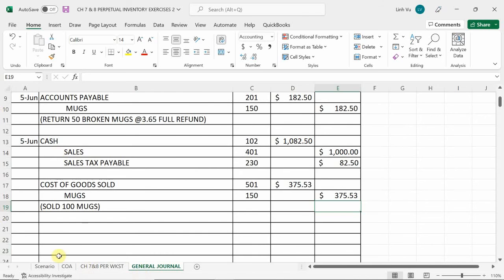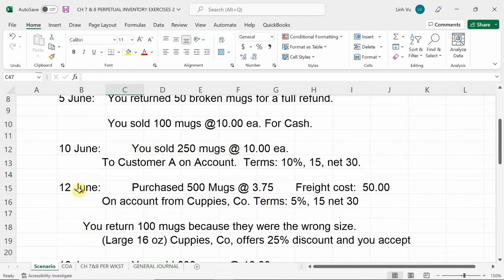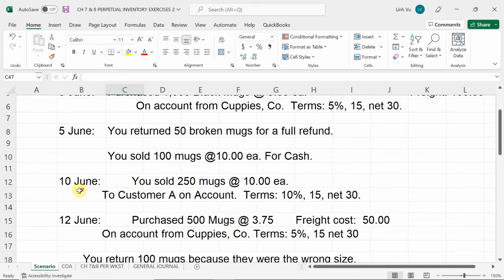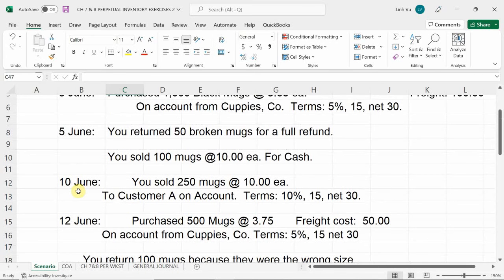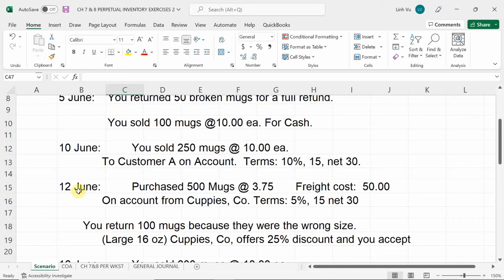All right. So let's see what happened next. On June 10, you end up selling 250 mugs at $10 each to customer A on an account, and you gave customer A terms of 10%, 15 net 30. Okay?